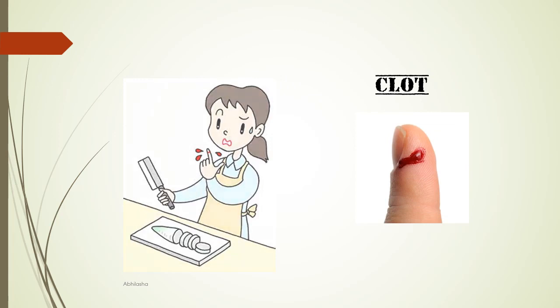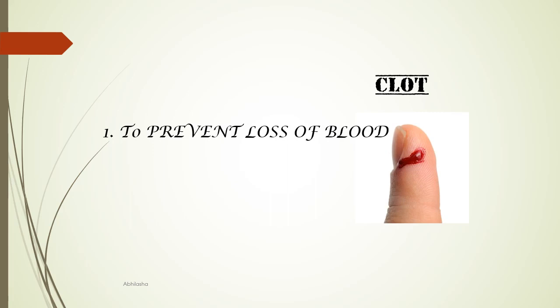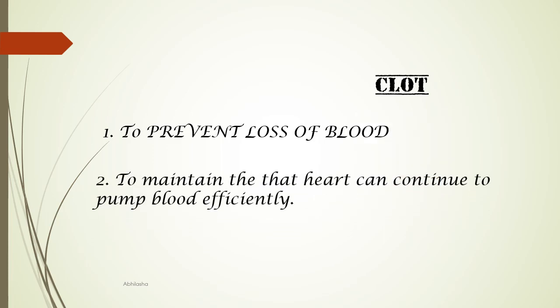How does this happen? But before that, why is clotting necessary? One reason is, of course, to prevent the loss of blood. Second reason is a leak in a pipe reduces the pressure of flow in the pipe. Since the pressure is being released at the leak, a leak in a blood vessel will lower the blood pressure in vessels and the heart will have to work harder for maintaining the blood flow.